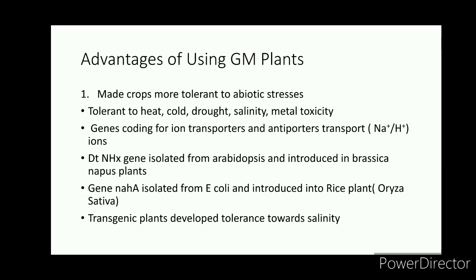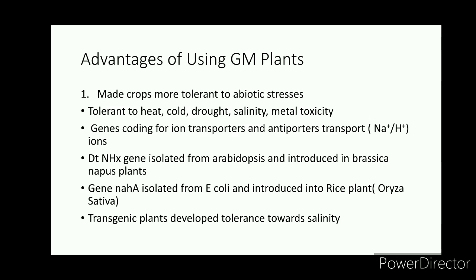Using that method, this gene is inserted into the Brassica napus plants, and the gene of interest gets integrated with the host DNA, and it develops tolerance to salinity. So when the experiment was performed, Brassica napus plants were growing in high saline regions, that is 200 millimolar salt concentration. It was able to tolerate that much salinity, right? So therefore, using genetic engineering techniques, the genes can be inserted in the plants.